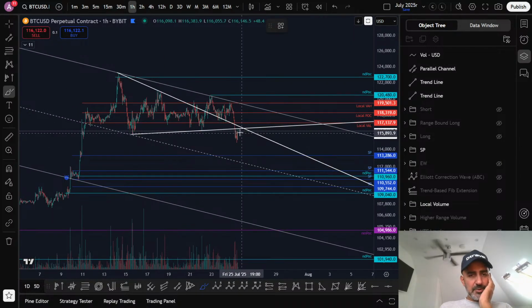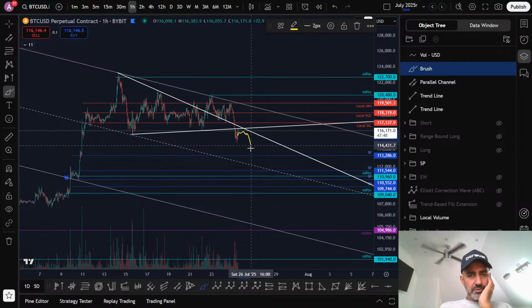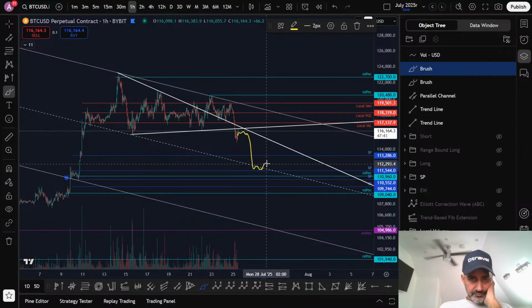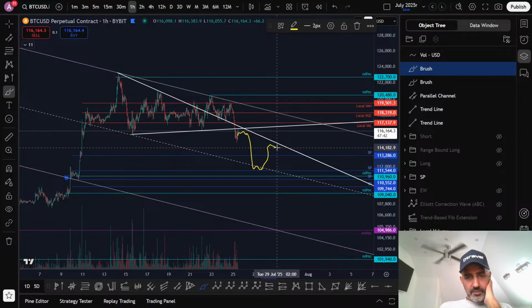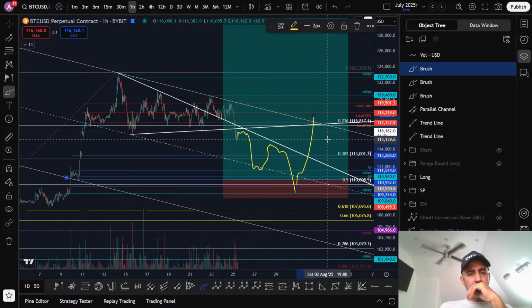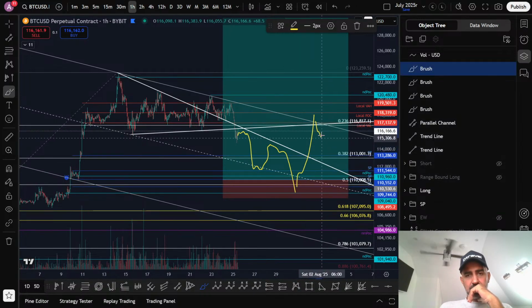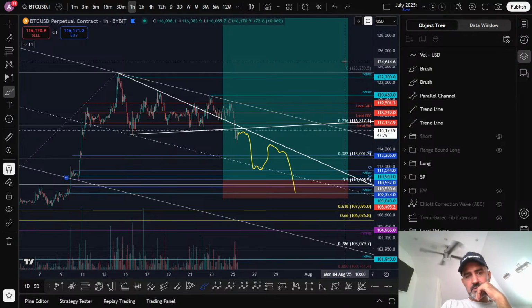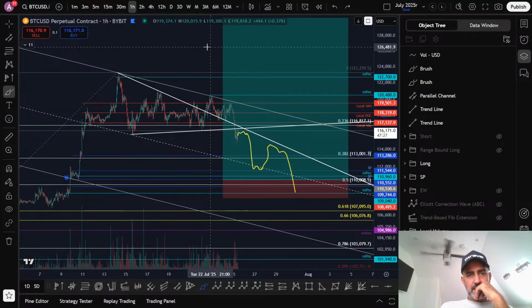So it is possible to fall down here and fill these single prints. And then the last one is this one that I'm thinking of.